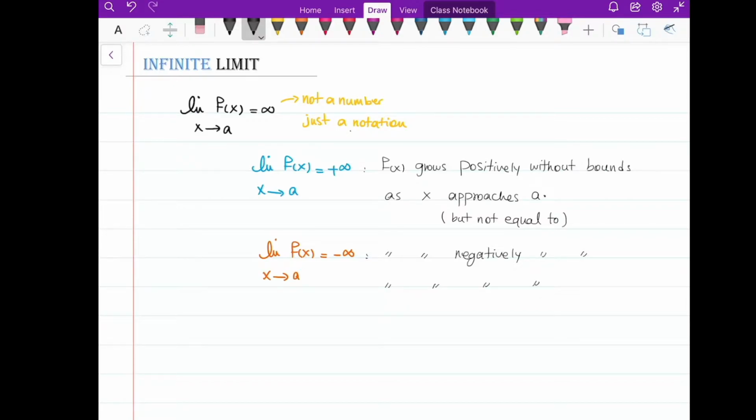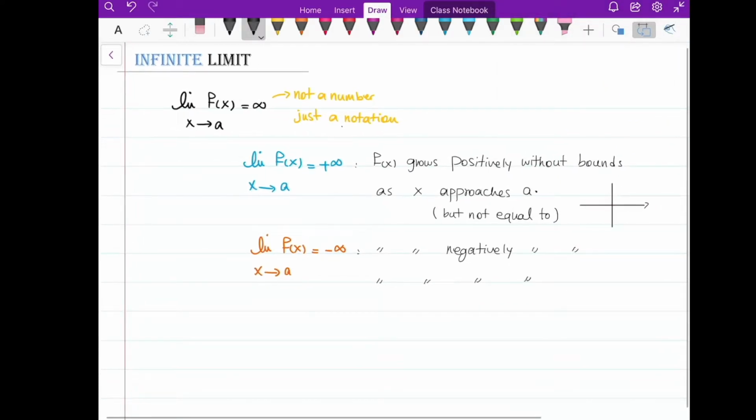So we have a situation like this. When we say that the limit goes to infinity, it means that it grows and grows like this, and when the limit goes to negative infinity, it means that it's getting smaller and smaller like this. So it's going down this way, and it's going up that way if the limit goes to positive infinity.